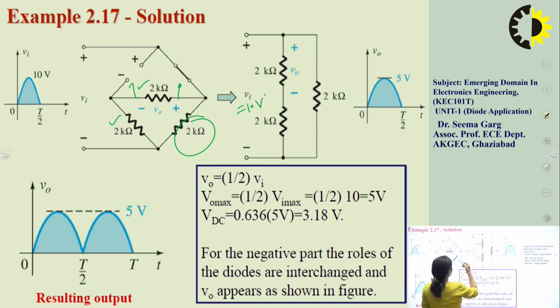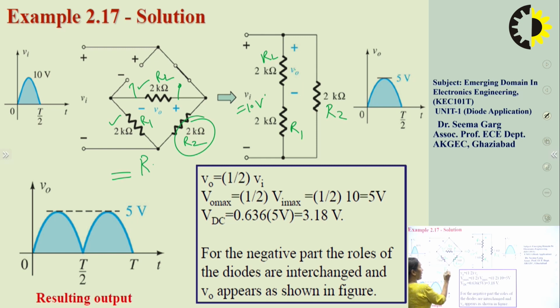Let us say this is R2, this is R1, and this is RL. By applying the voltage divider theorem, the voltage is RL divided by R1 plus RL times Vi, which gives the output voltage V0.